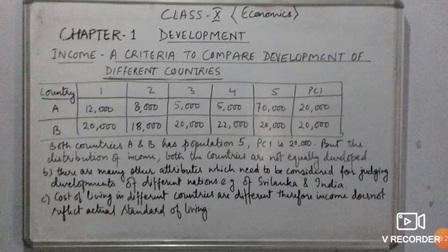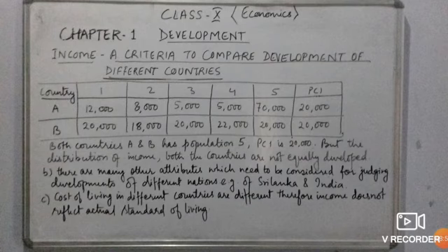Next limitation is that the cost of living in different countries is different. Therefore, income does not reflect the actual standard of living. Yes, this is very true. Again, I am repeating the same thing, because if you are living in an Asian nation, your cost of living is comparatively less, but if you are living in the USA, then your cost of living is quite high.